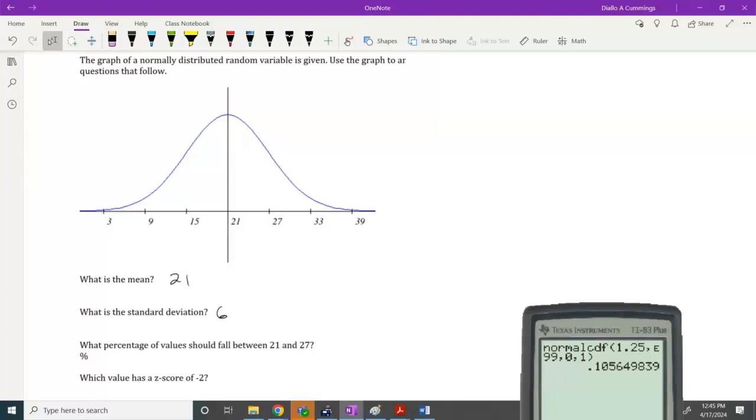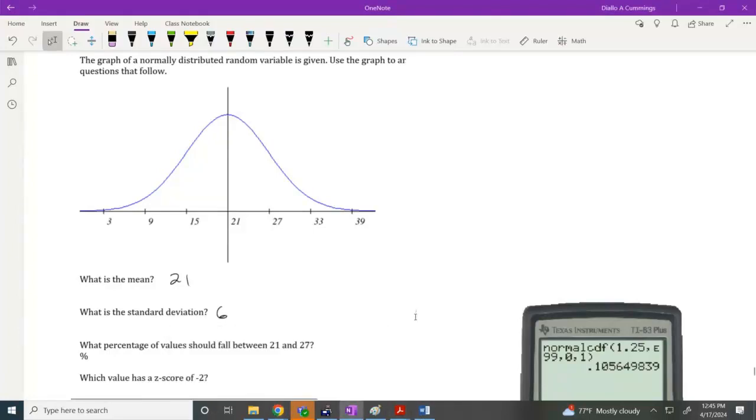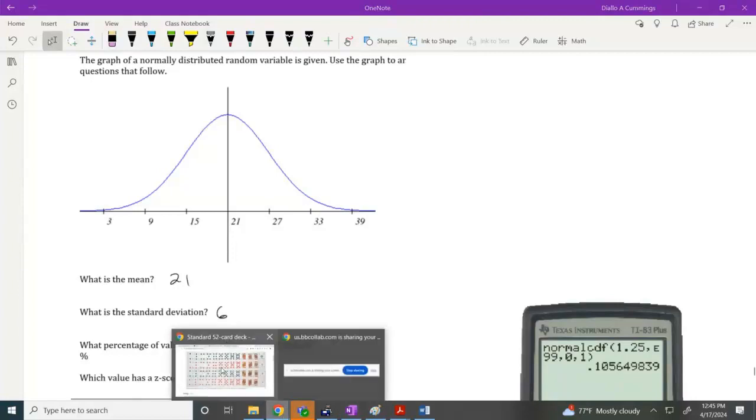This is the one that always stopped me, the percentage. When it asks what percentage falls between, that's the one I can't ever get. So I'm going to bring up this empirical rule. Let me see if I can find that really quick.